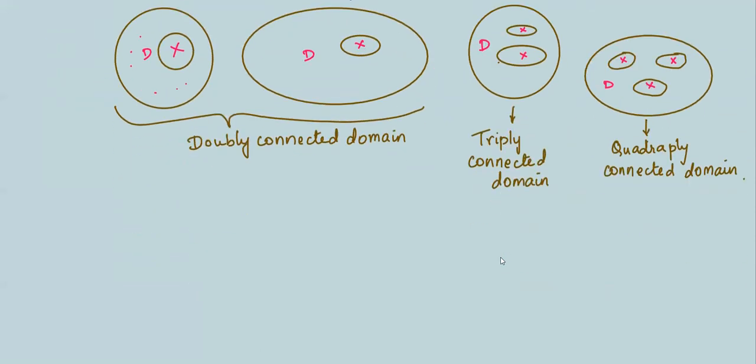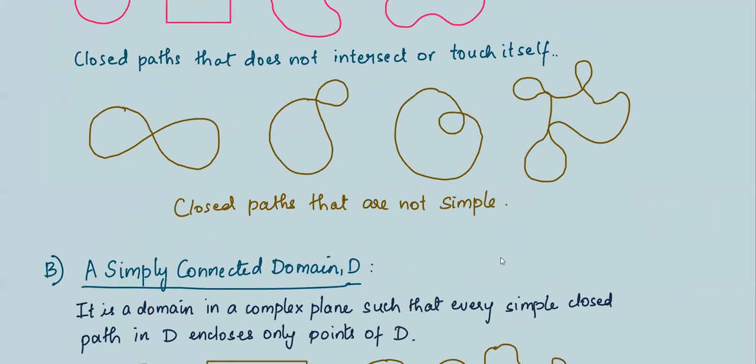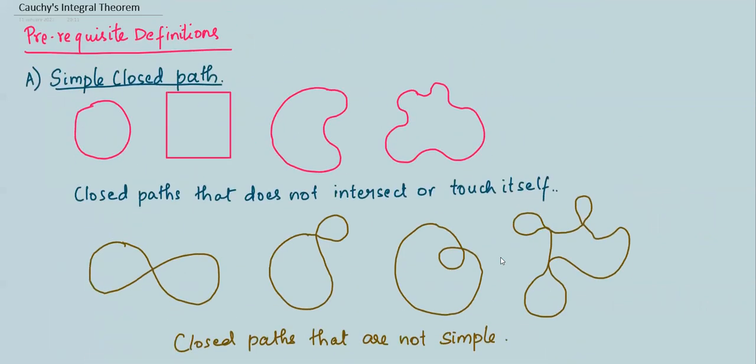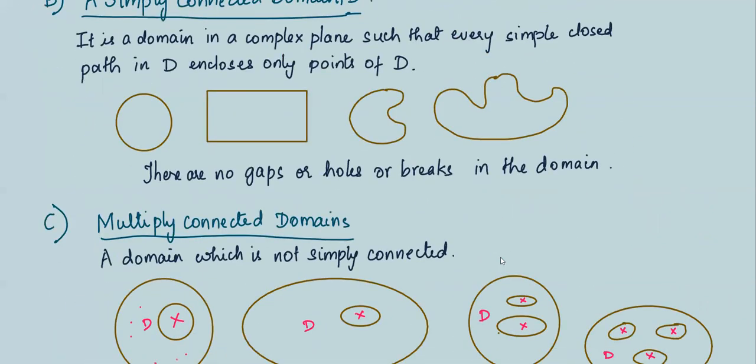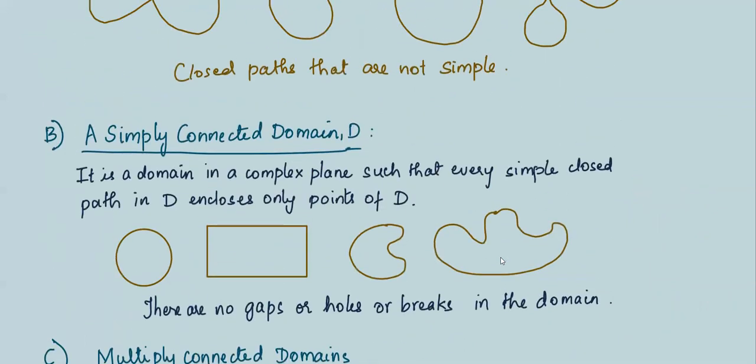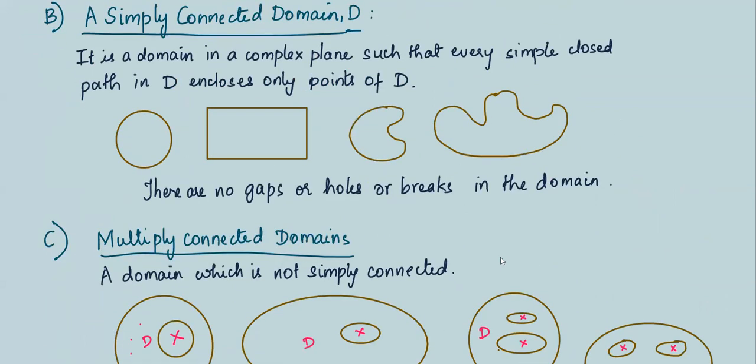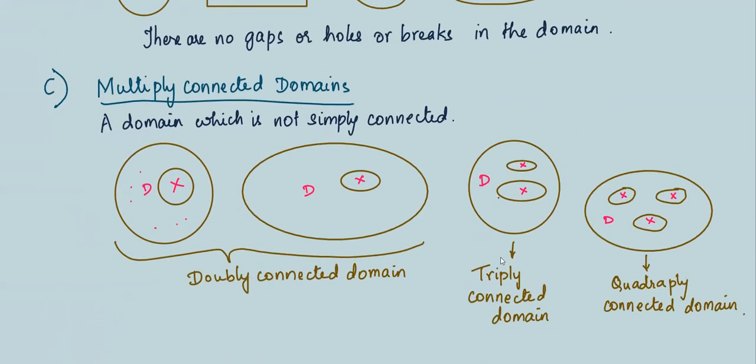So these are the basics of what is a closed path, a simple closed path. And then what is a simply connected domain? It should be a simple closed path, very important, and without any gaps and breaks. And if there are any gaps, even one point which does not belong to D, then there is a boundary surrounding that point.